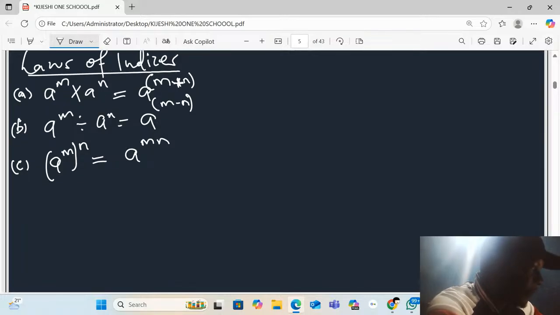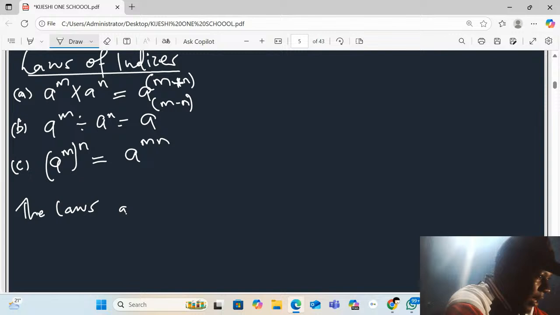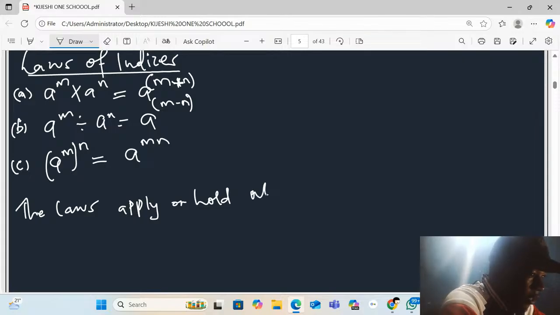Then remember, for these laws, the laws apply or hold when the base is the same.